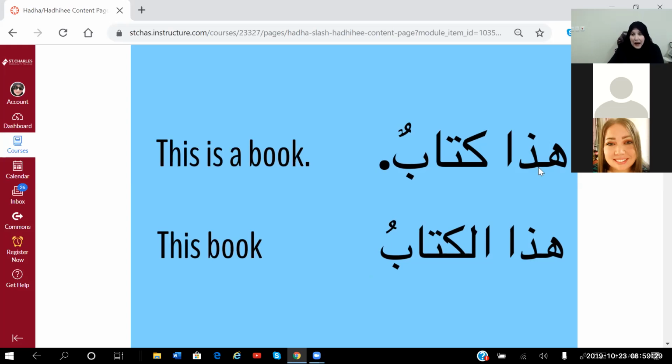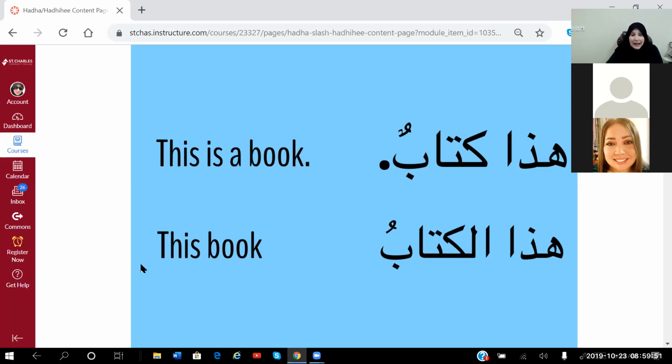So we have hada kitabun. When you say hada kitabun, you're saying this is a book. You have an indefinite noun along with hada. Hada kitabun. This is a book. It's a full sentence.